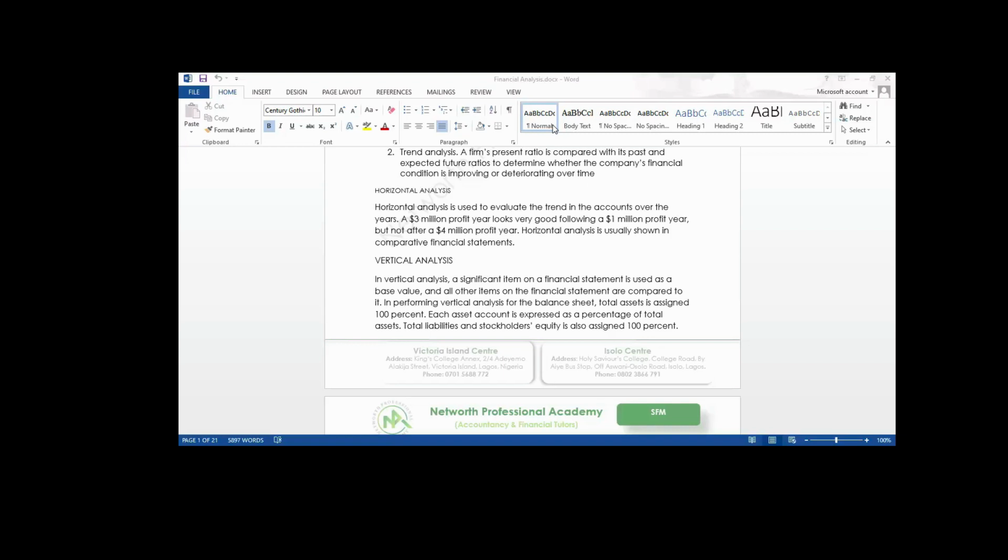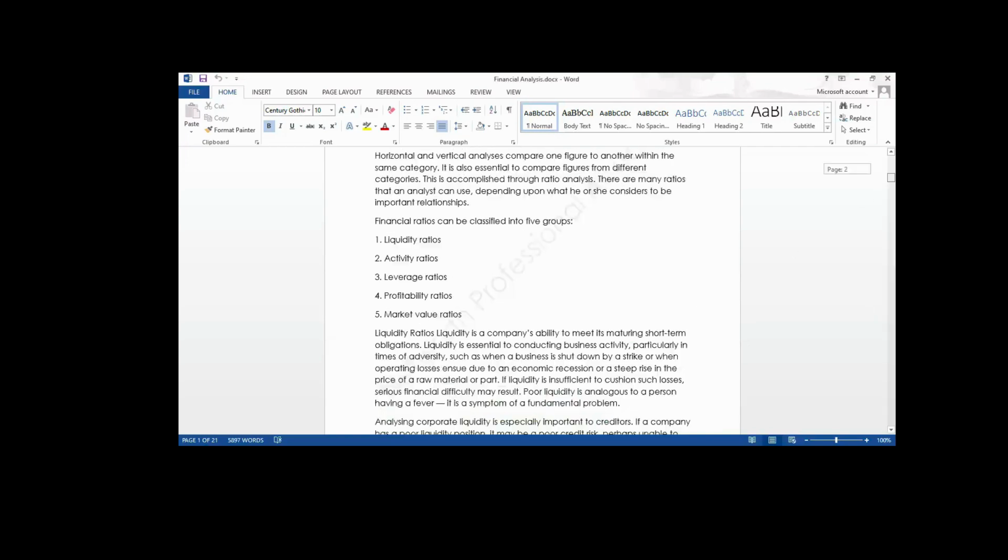You have your operating activities, your investing activities, then you have your financing activities. So please note, if the examiner is testing financial statement prediction, what the examiner is trying to test is your knowledge of accounting principles.